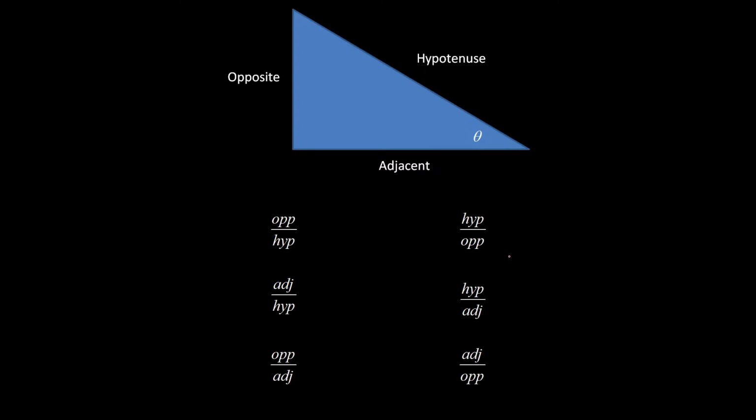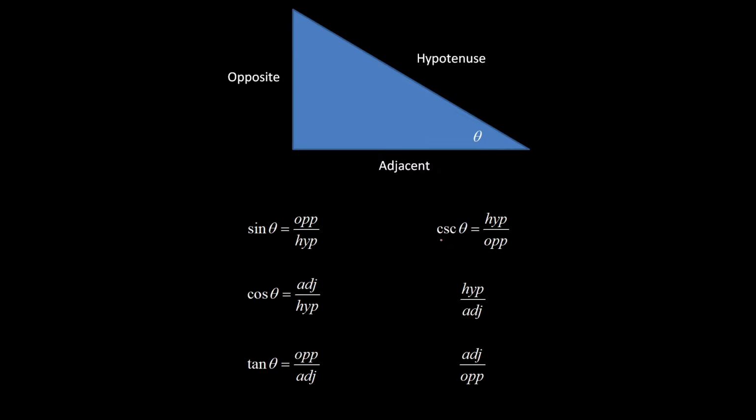And these ratios over the years have been given names. Let's go through them, starting with this first one. This ratio is called the sine function, the cosine function, the tangent function. This is cosecant.